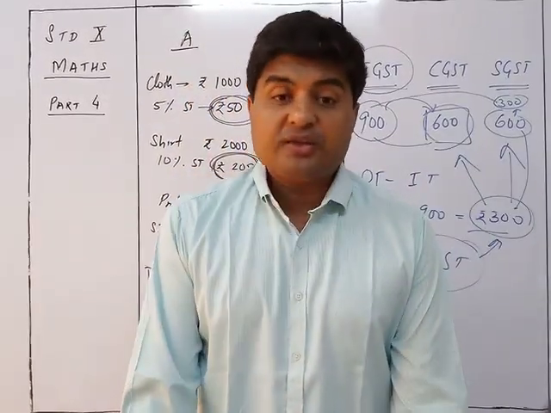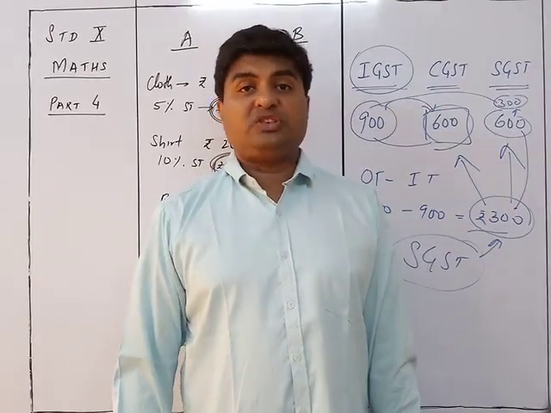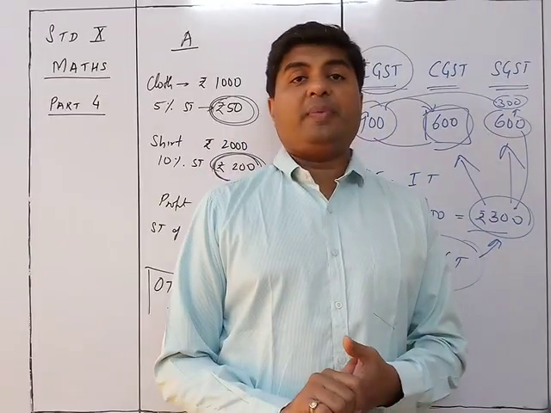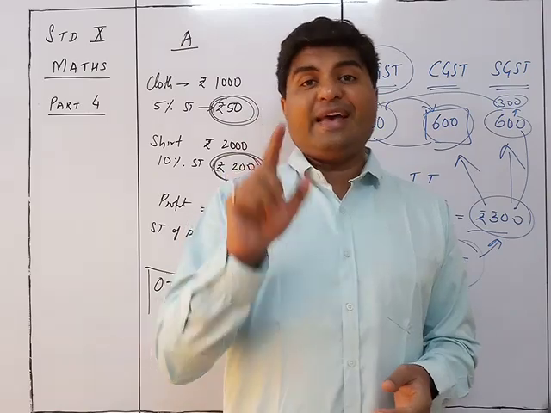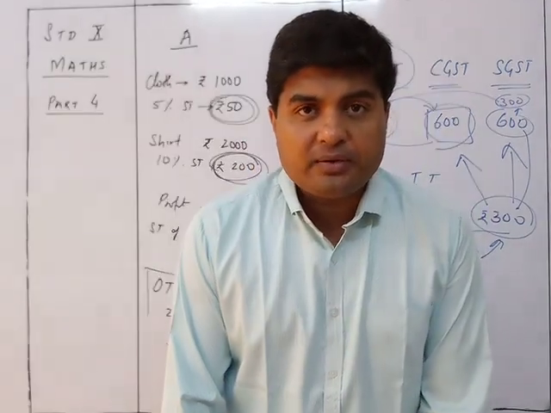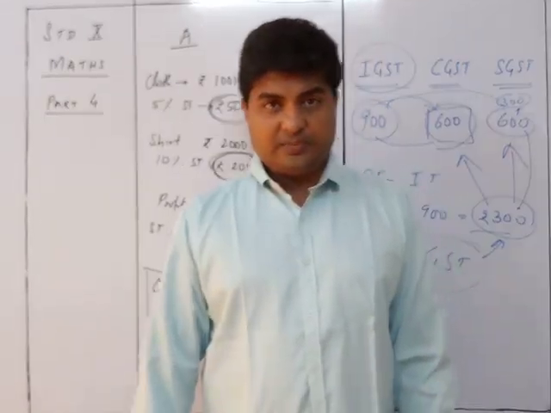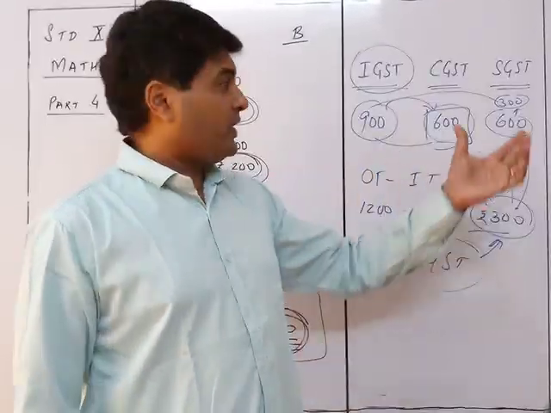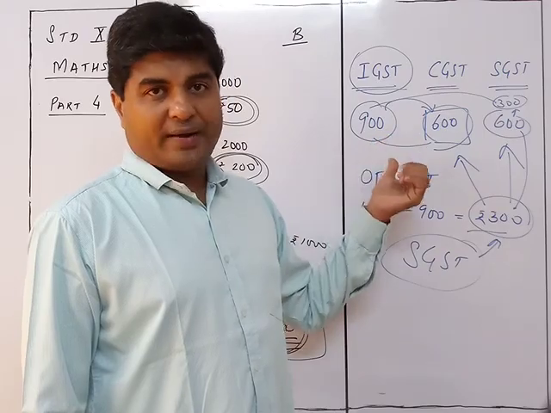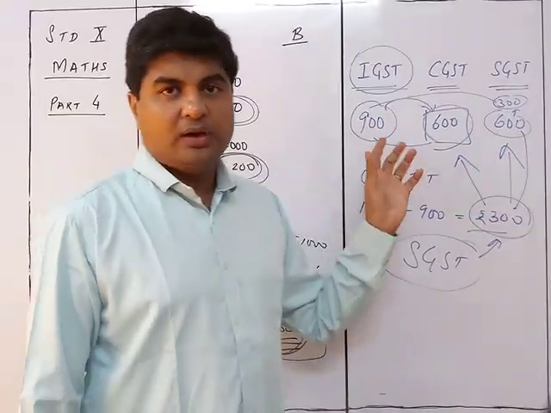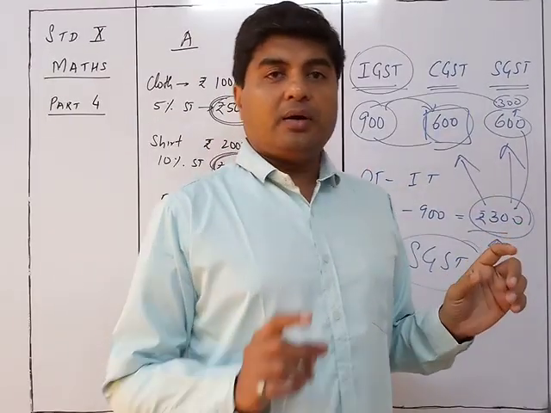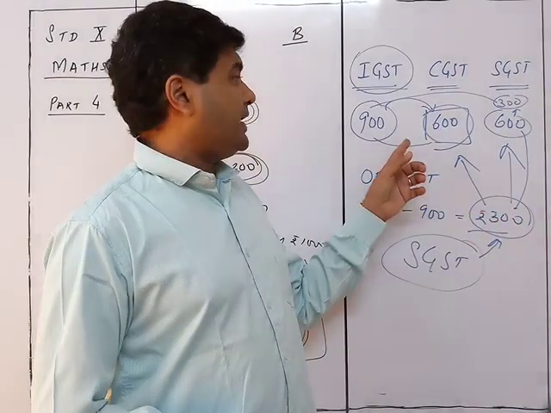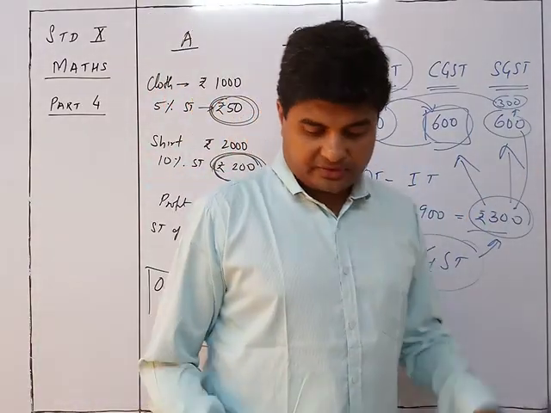The shopkeeper is going to pay 300 rupees to the state government, though he's paying it under the heading of SGST and not under the heading of CGST. If it is the other way round and he has to pay IGST, then nothing matters because anyway it is going to be clubbed together into one. So whenever it is IGST to CGST, at that time we will have to take care of this thing.